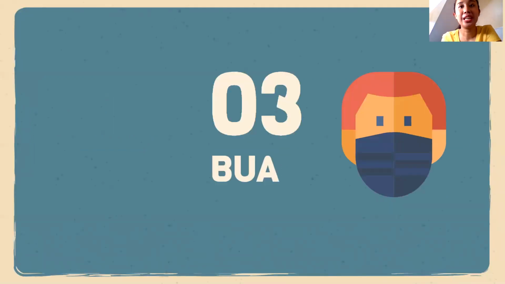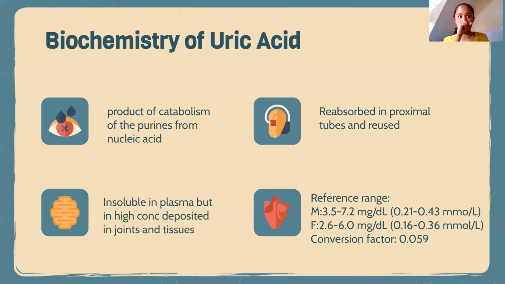Let's head on to uric acid, or blood uric acid. Upon the breakdown of nucleic acids, which come from the nucleus, your DNA and RNA, class, these contain purines. If you remember from cytogenetics, there are purines and pyrimidines. When these DNA and RNA break down, the end product of their catabolism is uric acid.